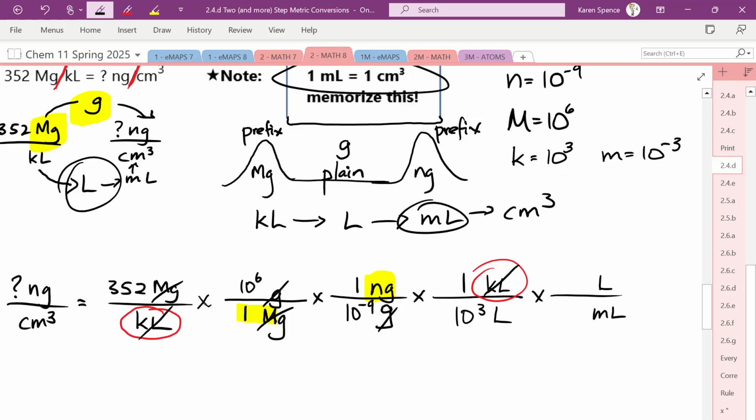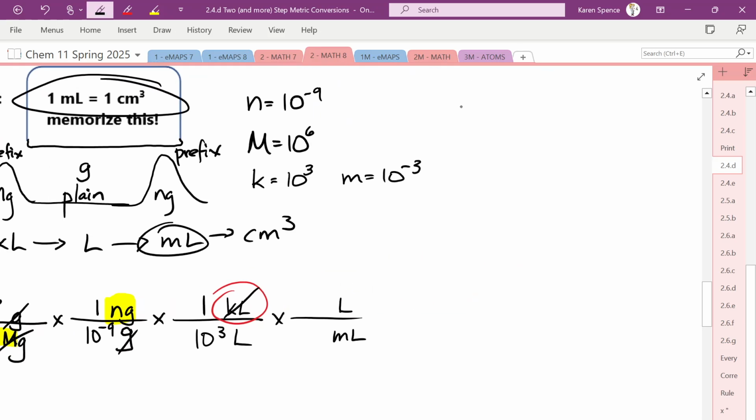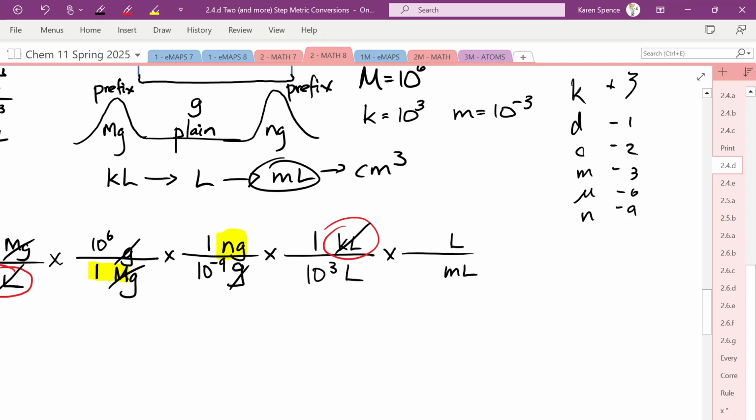And if you have trouble with this, just when you're writing the quiz, just at the very beginning, you're going to be like, okay, mega, kilo, deci, centi, milli, micro, nano, 6, 3, 1, 2, 3, 6, 9 is for the nano. Okay, and then you'd be like positive, positive, negative, negative, negative, negative, negative, okay? And then you put a 10 beside them. All right, so milli means 10 to the -3. So we have 10 to the -3 milliliters per liter.